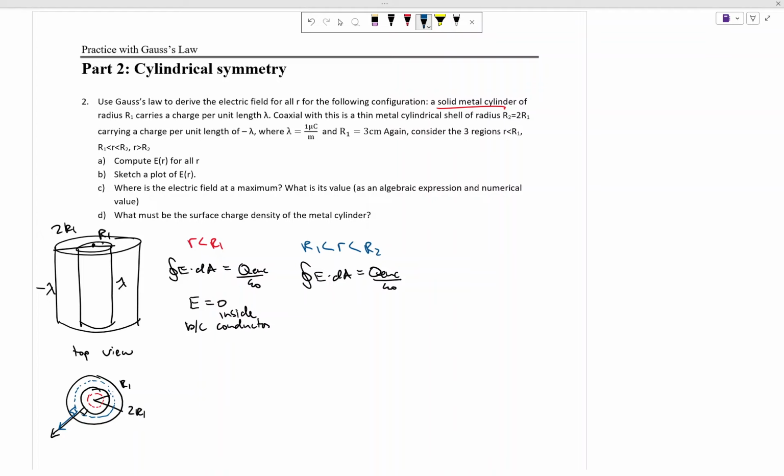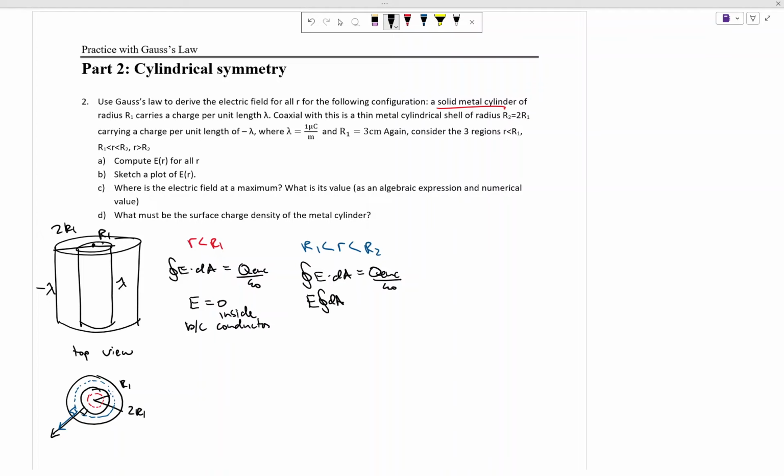So in other words, E and A are parallel again. So that means that dot product becomes just a product. Additionally, since E is constant at a given radius, that means that we can pull it out.